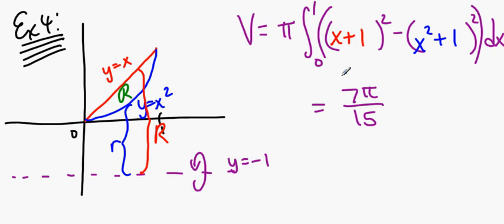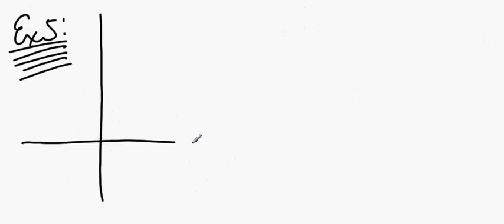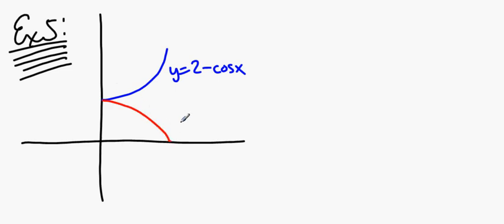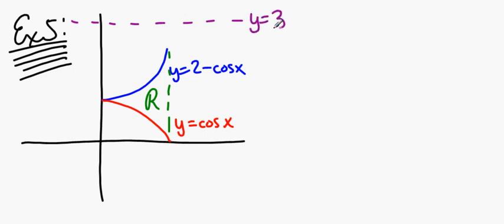All right, so I will give you one more that we'll walk through together. The region in question this time, this is 2 minus cosine x, and this is cosine x. The region will be this region, and we're going to revolve about y equals 3. We're going to revolve about the line y equals 3.